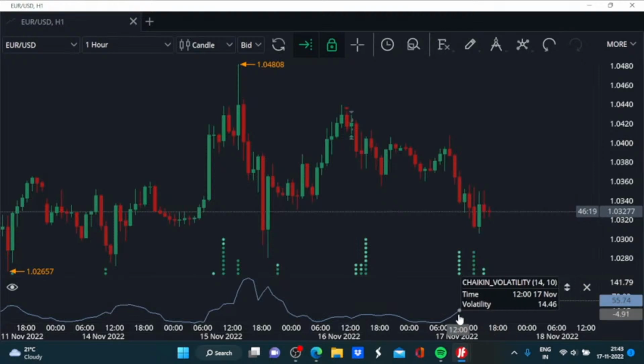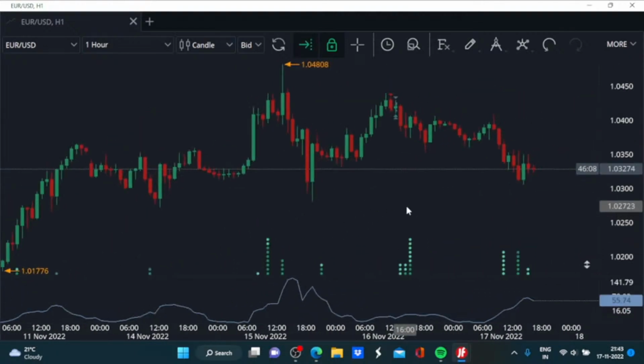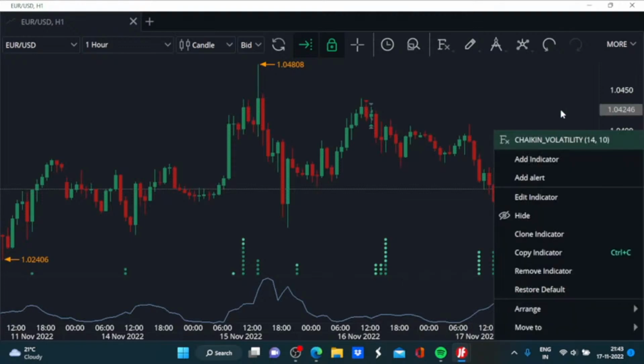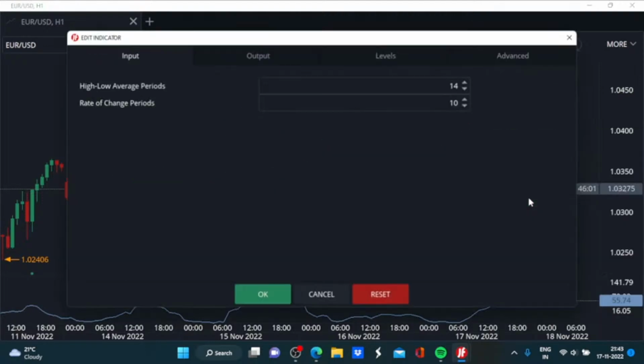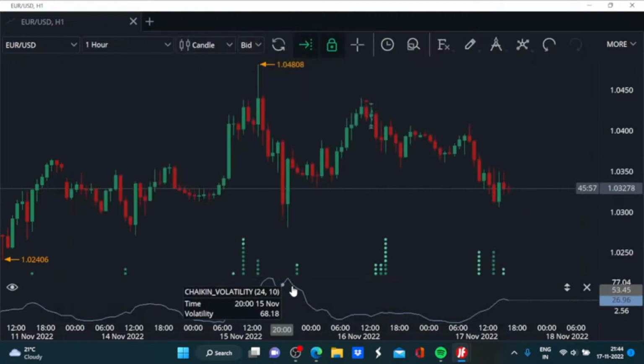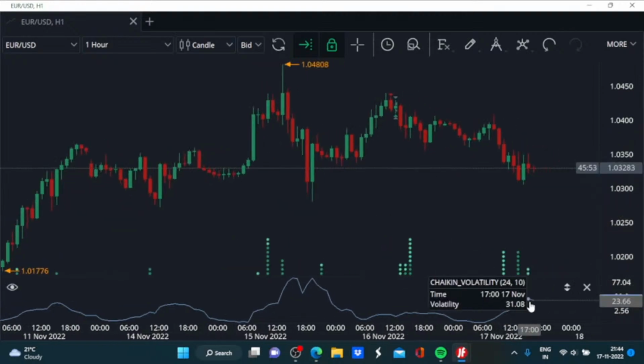Now the range period has been expanded to 14, but the rate of change calculation period is the same at 10. So as a result of that, there is a little bit more smoothing, but the difference is not that prominent really. But you can smoothen it further by simply enlarging this range. For that, you increase the calculation period, and as you can notice, I have increased it to 24.